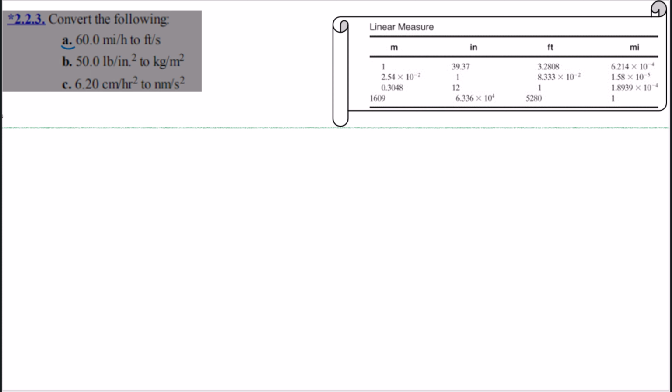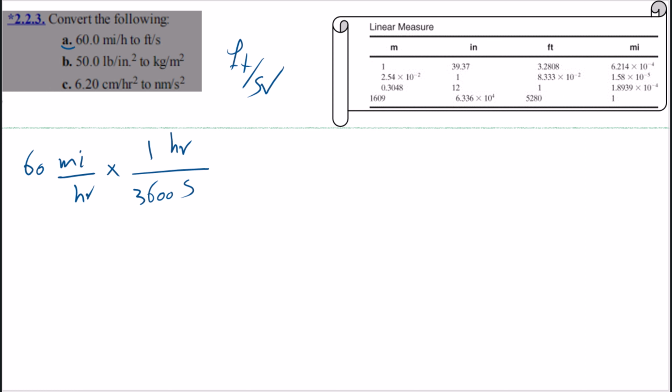Convert 60 miles per hour to feet per second. Let's get started with the things that we have. Mile per hour must be multiplied like this. Hour must be converted to second. You know that 1 hour equals 3600 seconds.